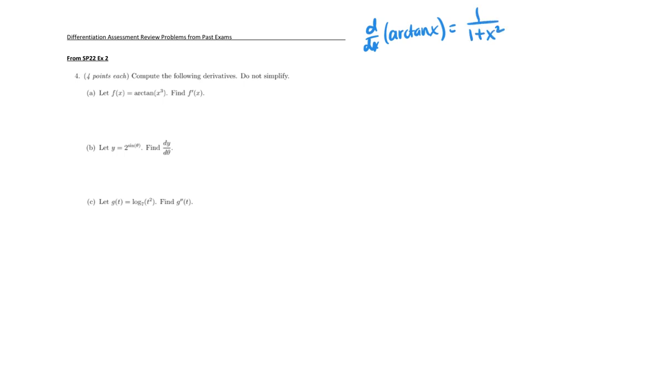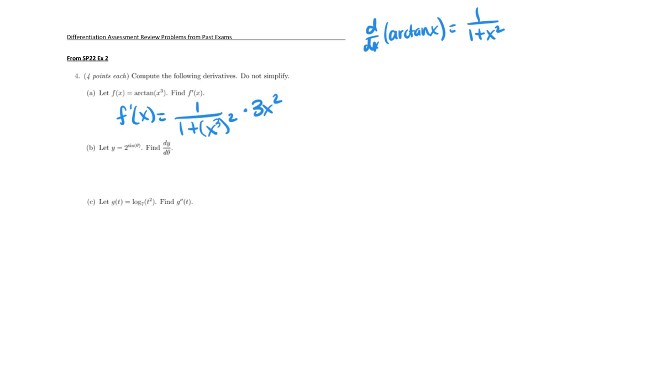And so we utilize that rule here. So f prime of x will be 1 over 1 plus the inside part squared. The inside part here is x cubed, right? And then by the chain rule, we'll need to multiply by the derivative of the inside part, which will be 3x squared. And we can leave it just like that.